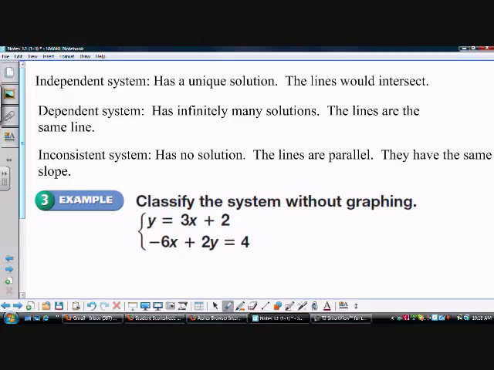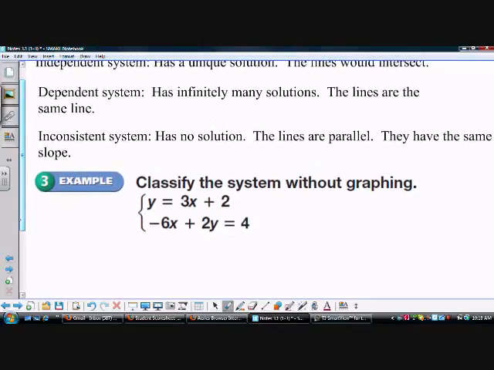Okay, so let's see how we could just take some system and figure out whether it's independent, dependent, or inconsistent. So first, I try to put these two equations in the same form. So y equals 3x plus 2. I think I'll put the second equation also in y equals. So I think I'll add 6x to both sides and get 2y equals 6x plus 4.